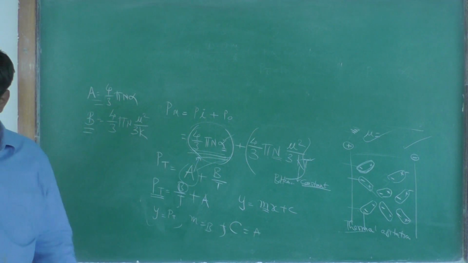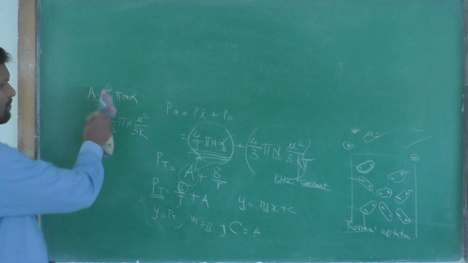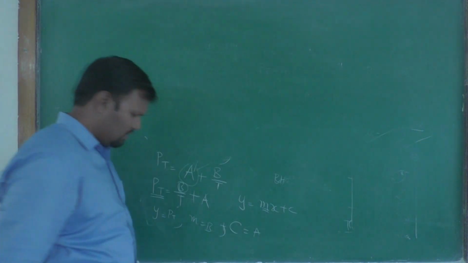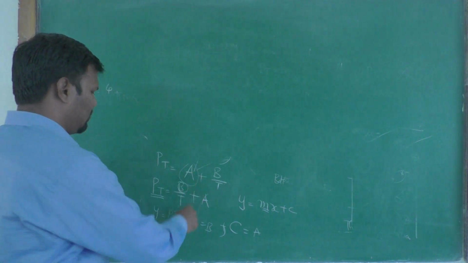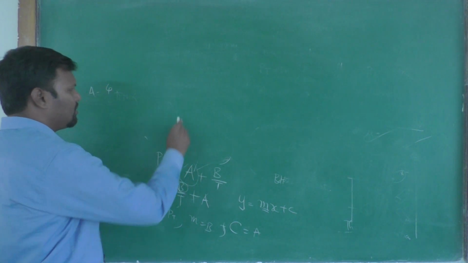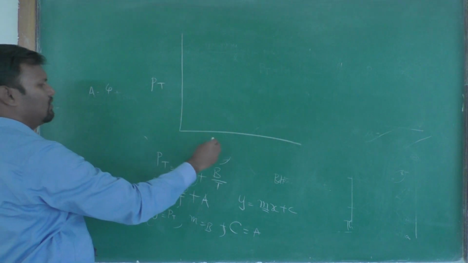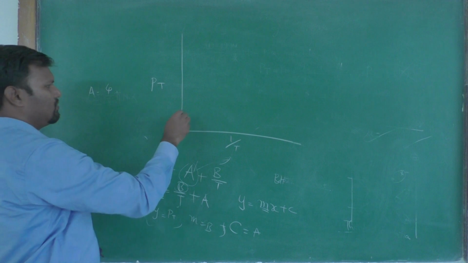When we draw the graph, our slope B is positive.